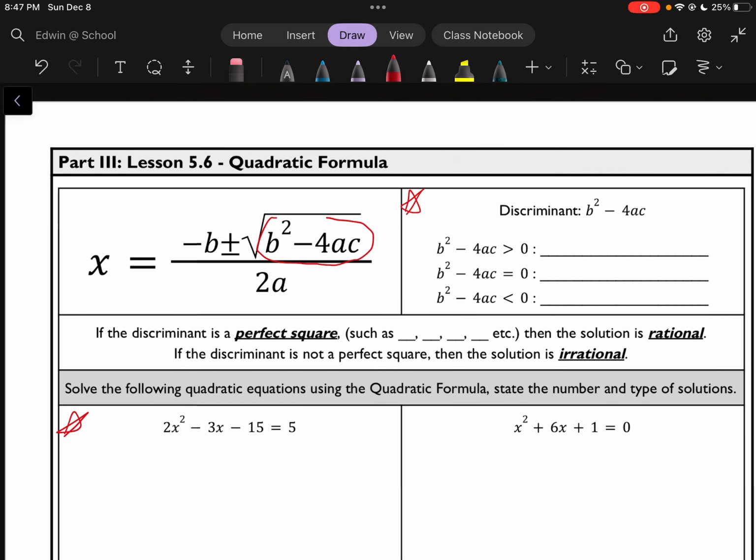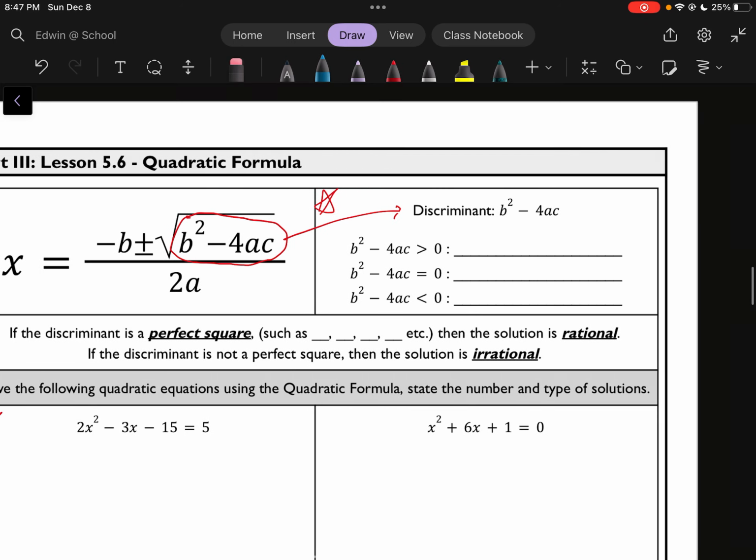But when we're looking at a specific part of the quadratic formula, which we call the discriminant, it tells us 3 different pieces of information based on the value of it. So let's say we put in all of these numbers and we get a number that's bigger than 0. That means we're going to have 2 real solutions.